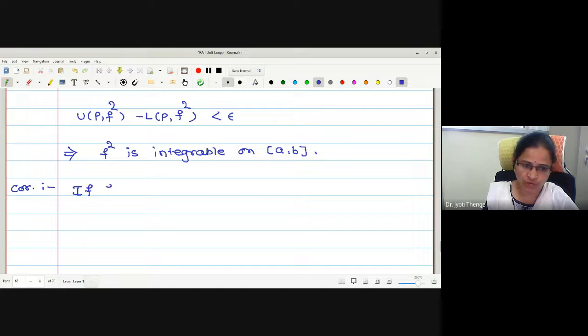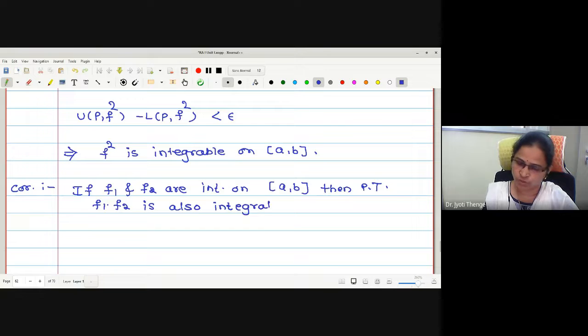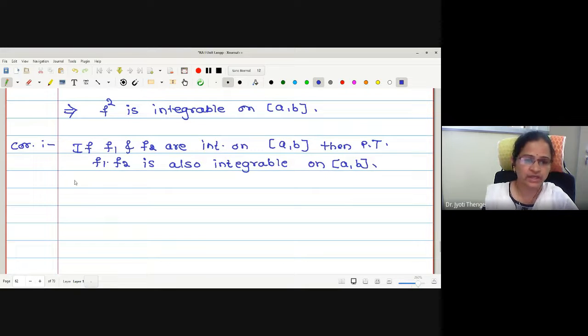If f1 and f2 are integrable on closed interval a to b, then prove that f1 dot f2 is also integrable. One may have a question: already we have proved it, so why are we proving it again? This is, you can say, another proof by using this theorem. f square is integrable.